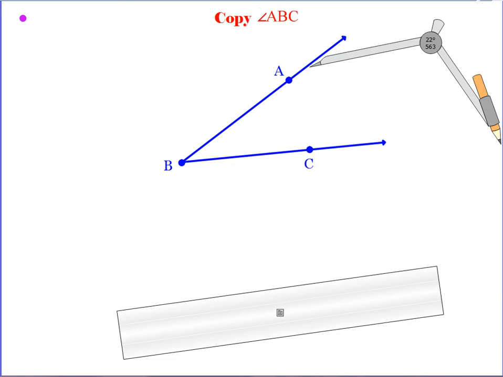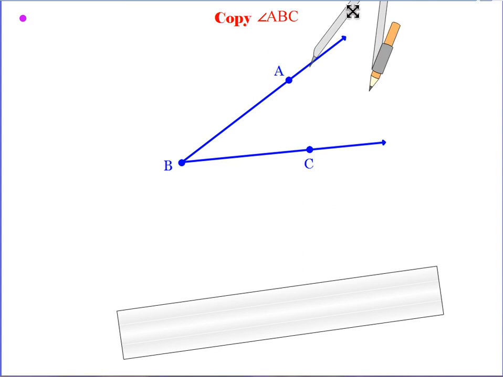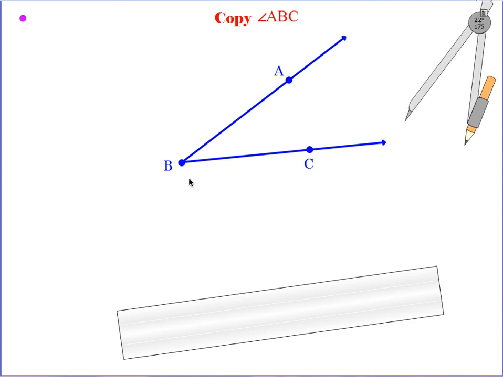Now let's look at copying an angle. Angles, of course, are named a little differently. Angles are made up of 2 different rays that share a common endpoint, and that common endpoint is called the vertex. If I put points A and point C on each of the 2 rays, you can see that this angle is kind of defined when I move from point A to point B and then to point C, which is why we name the angle ABC.